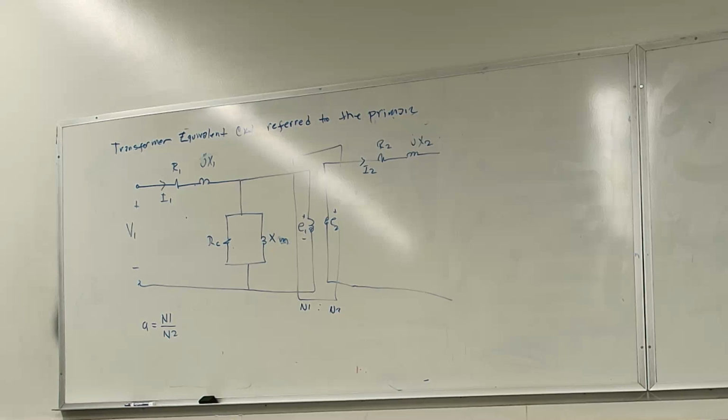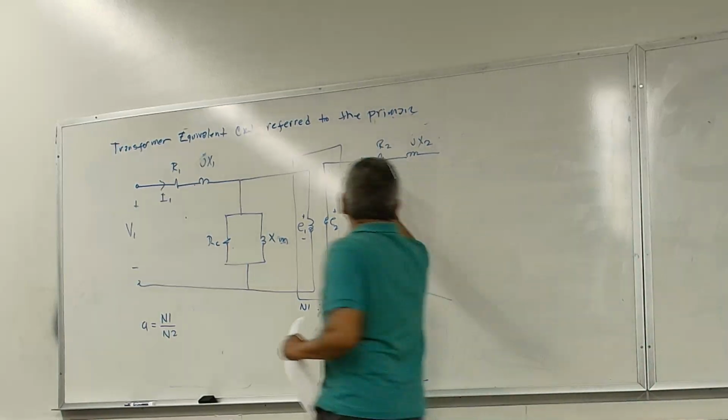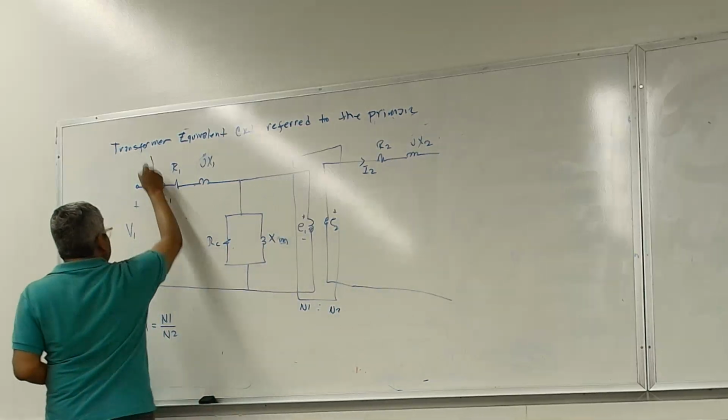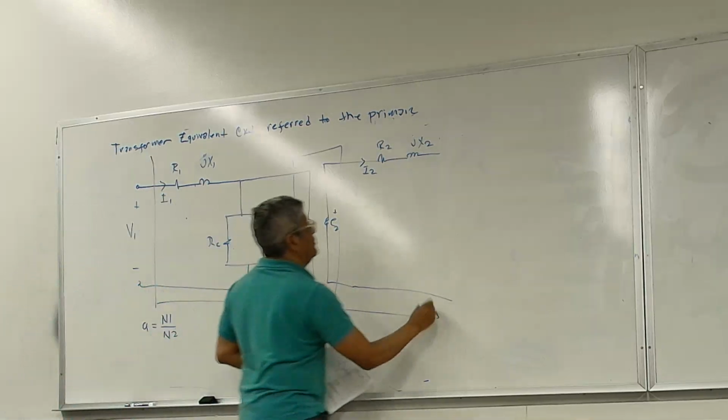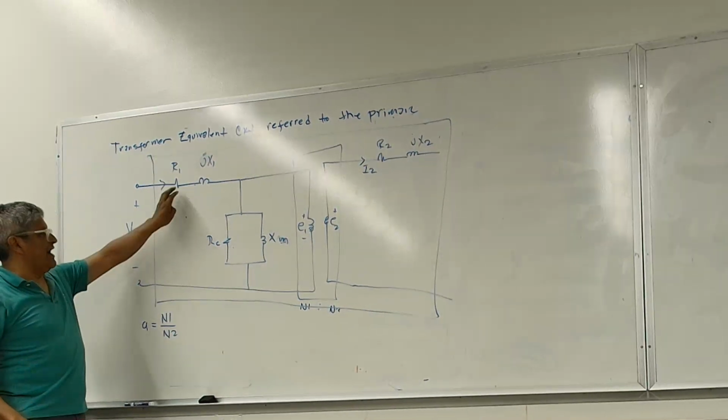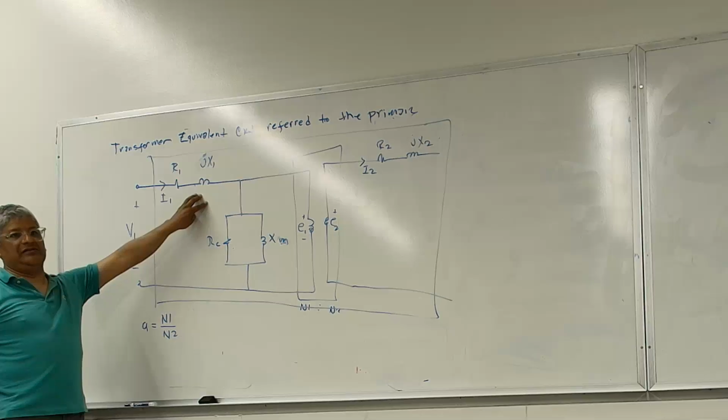Okay, we use very similar, if not the same, formulas that we did already for the ideal transformer, except that now this is not the load. Remember, the entire thing is the non-ideal transformer, okay? Once again, now we are accounting for its losses.